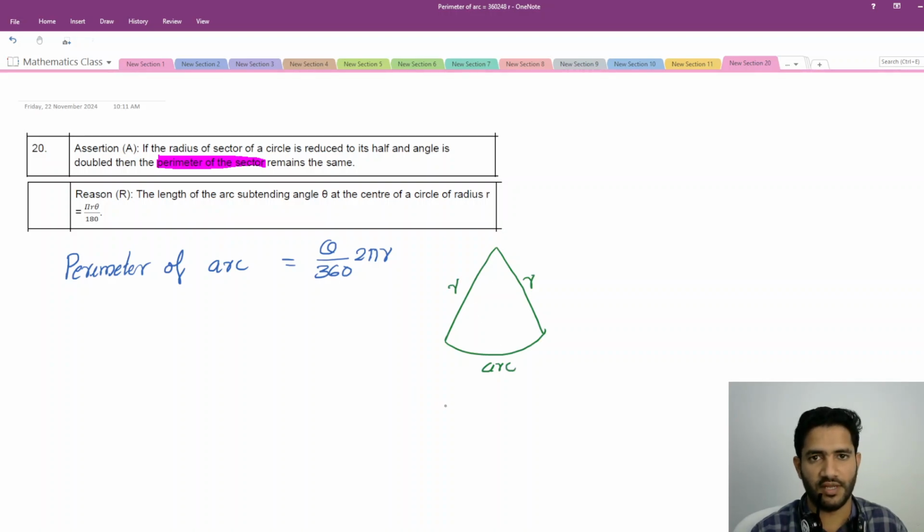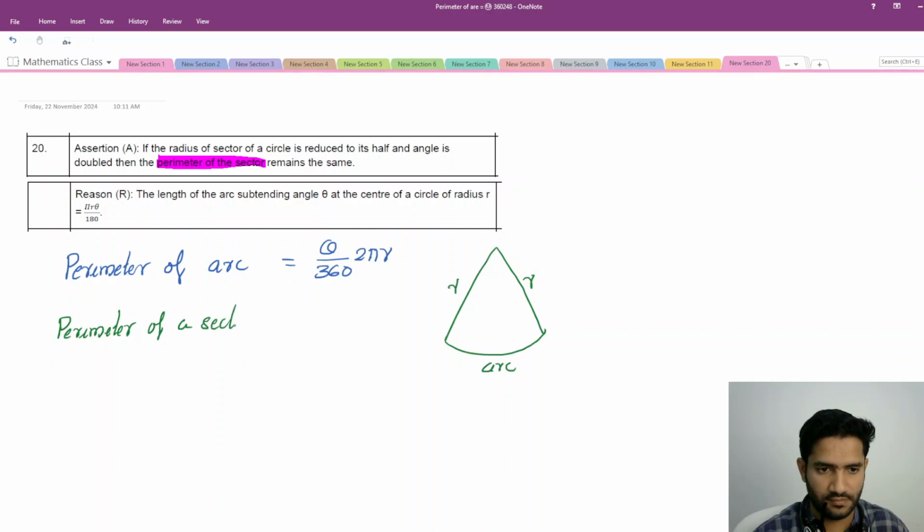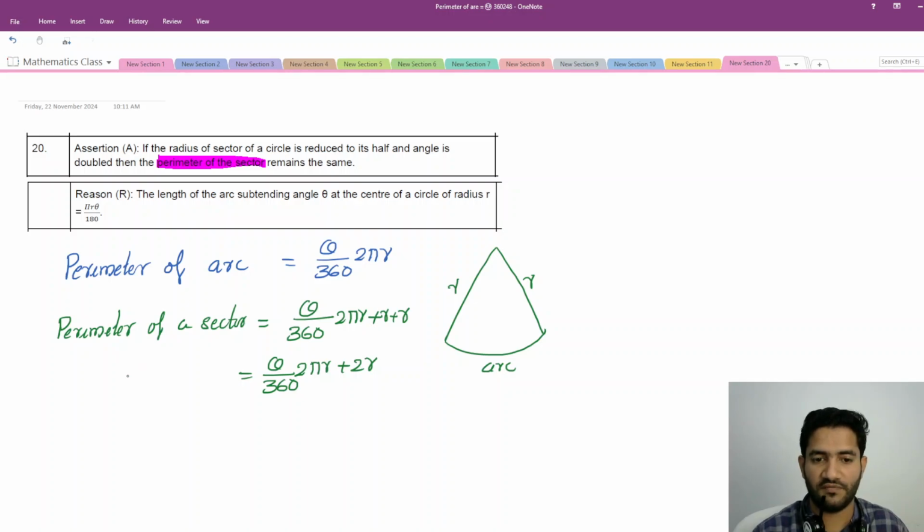So the perimeter of a sector is equal to the length of the arc, theta by 360 into 2 pi r, plus the two radii. So we get theta by 360 into 2 pi r plus 2r. This is the perimeter of a sector.